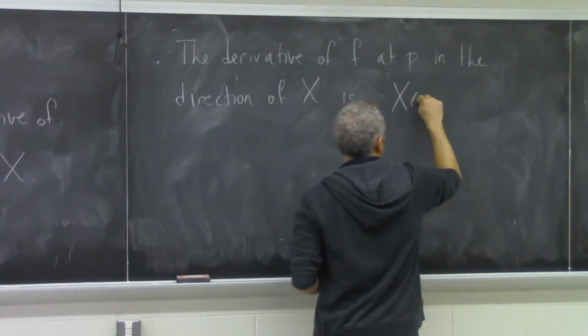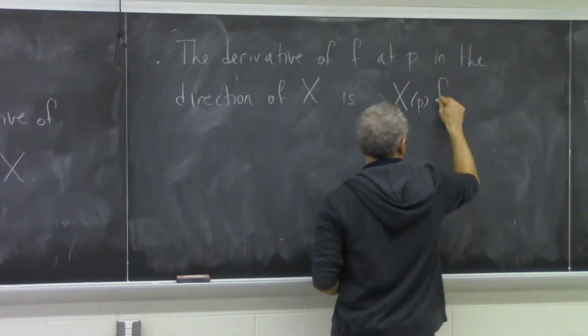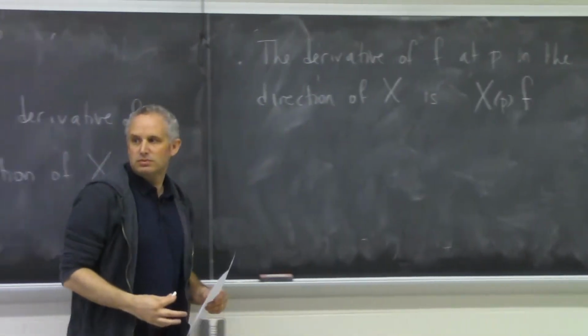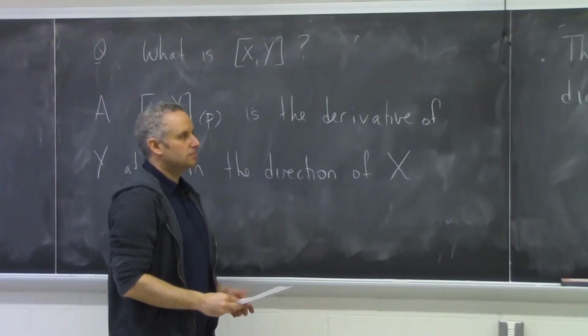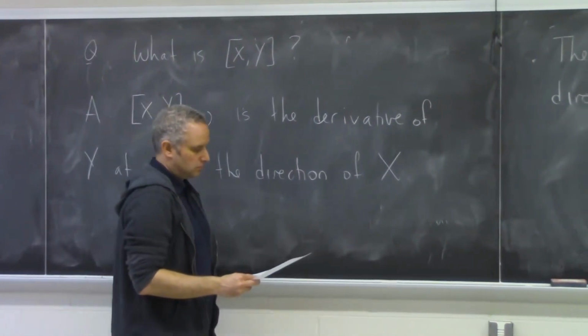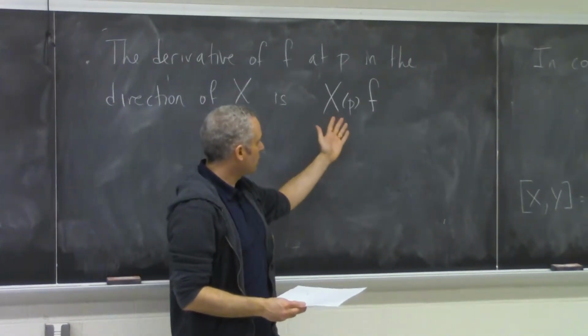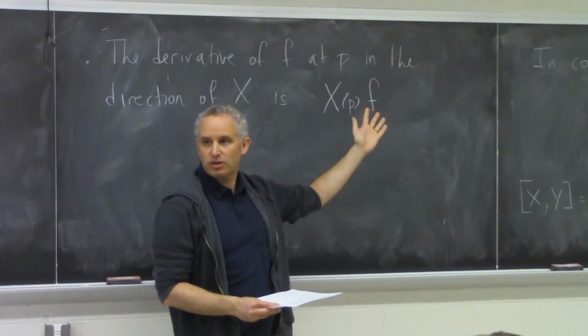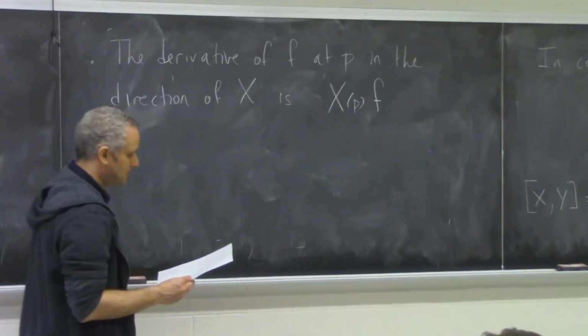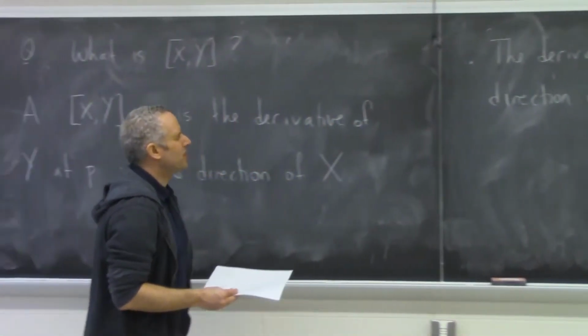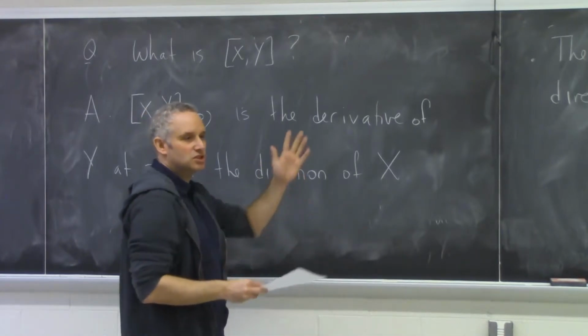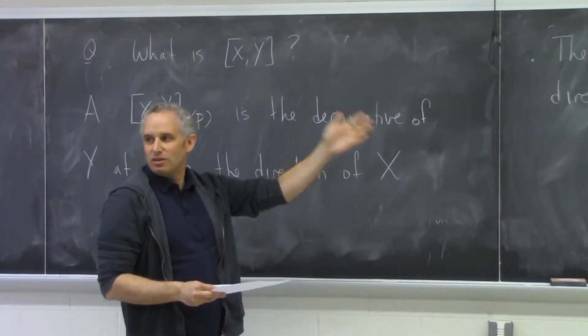That's just X evaluated at p acting on f. Okay? This interpretation motivated our abstract definition of a tangent vector. All right, so that's not helping us. That's just a symbol, right?